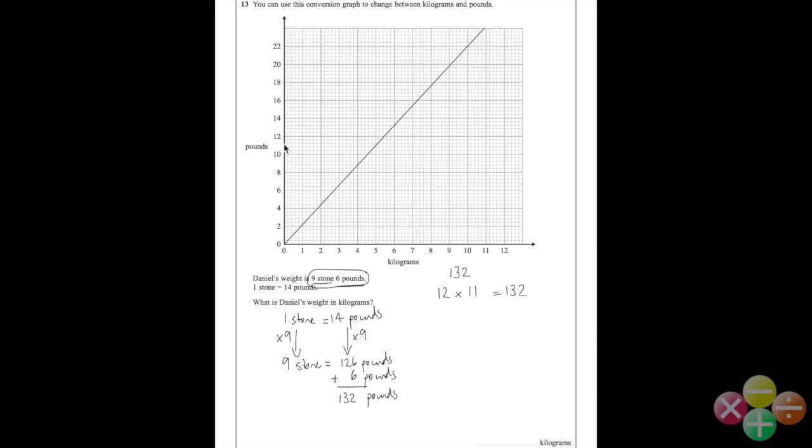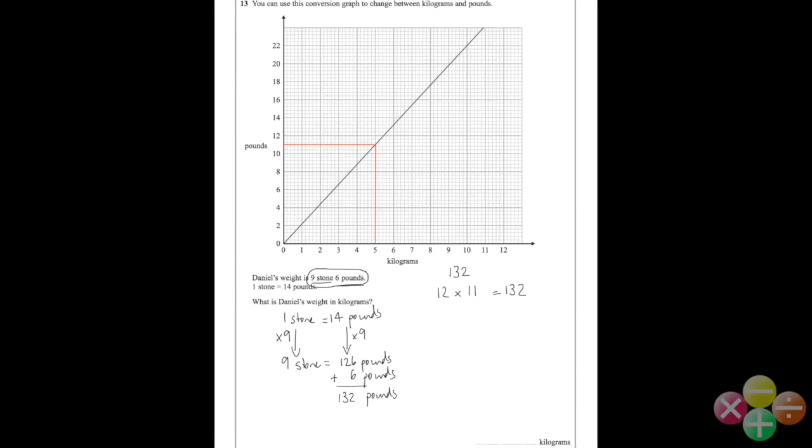So on my graph, if I go to 11 pounds, draw a line across and then down, it will tell me how many kilograms in 11 pounds. And what you'll find is that you get two lines that look just like this. So using my two lines that I've drawn, I can see that 11 pounds is equivalent to 5 kilograms. So 11 pounds is equal to 5 kilograms.